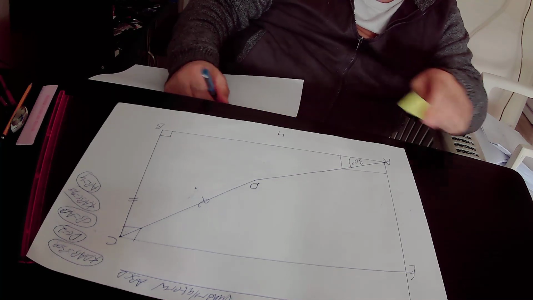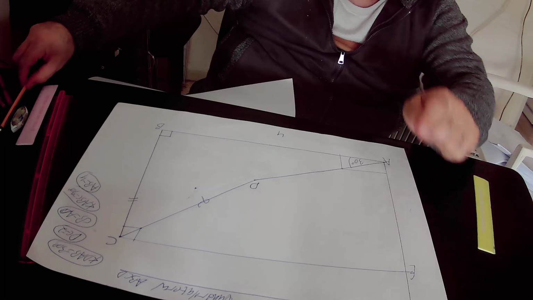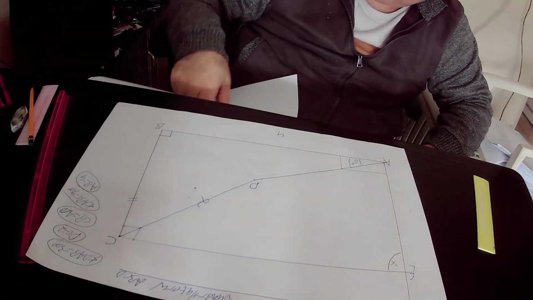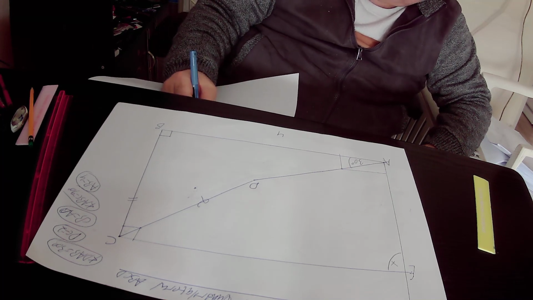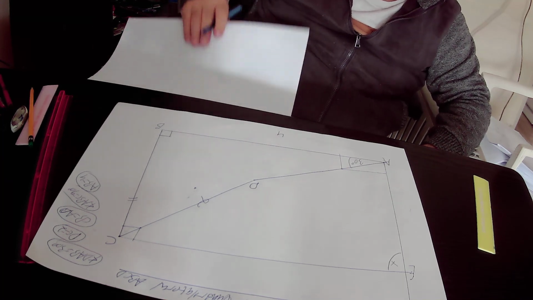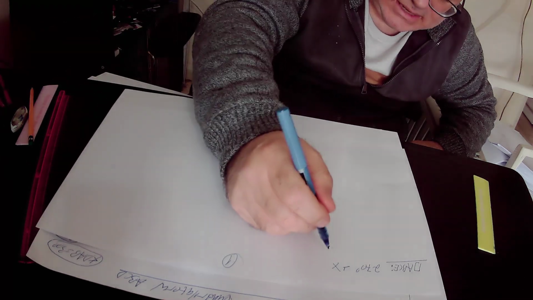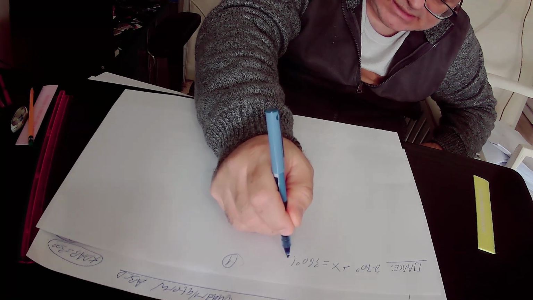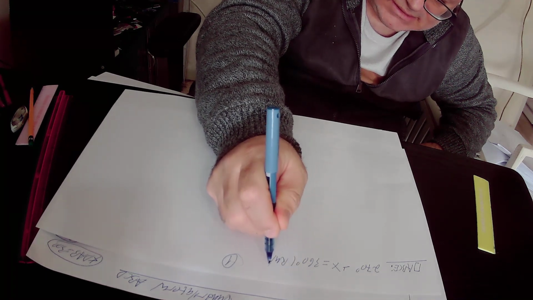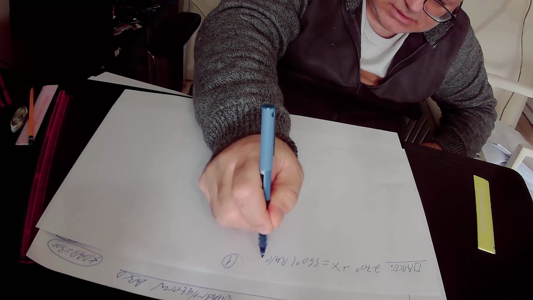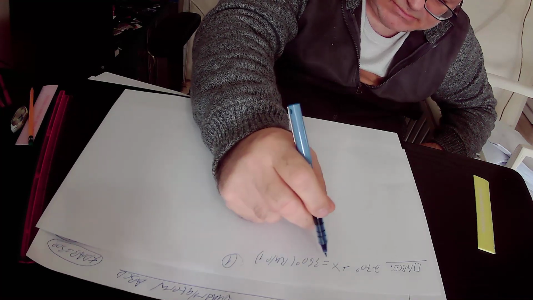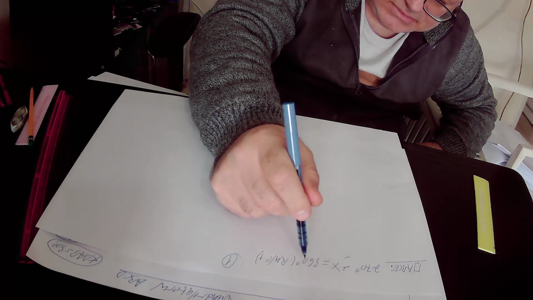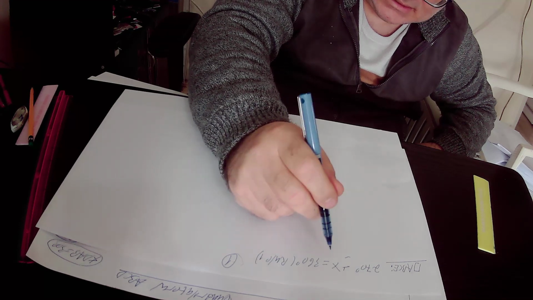Plus the size of the fourth angle, which we will define as angle X. The sum of those four angles must be equal to 360 degrees according to rule number 1, that the sum of the angles in any quadrilateral is equal to 360 degrees. Therefore, in quadrilateral ABCE, 270 degrees plus the fourth angle must equal 360 degrees.